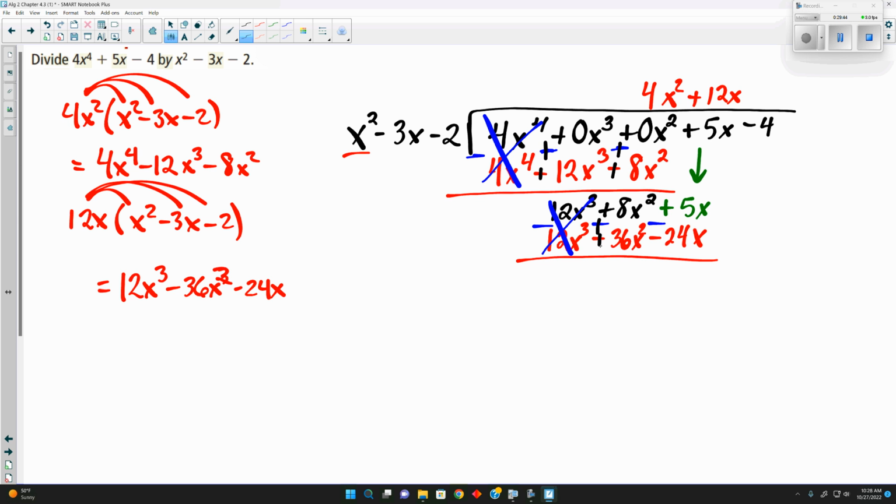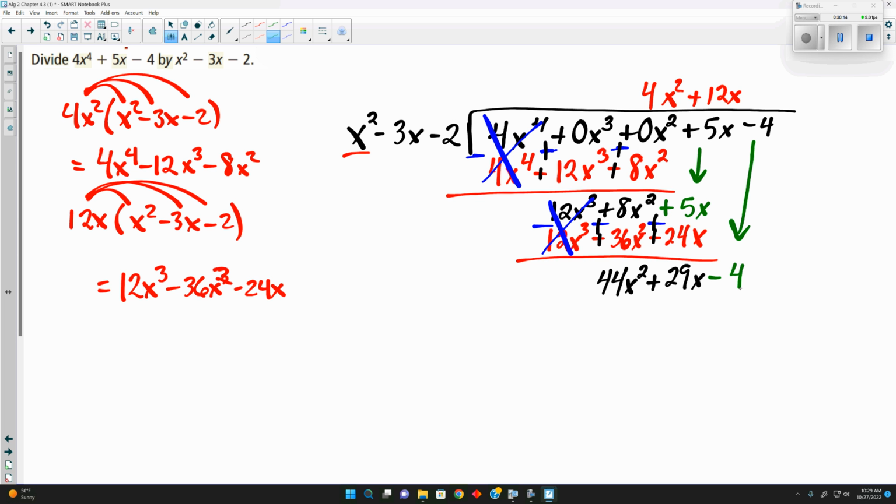So 8 plus 36 is 44x squared. 5 minus negative 24, negative, negative make a plus, which would be plus 29x. And last but not least, we bring down the -4.